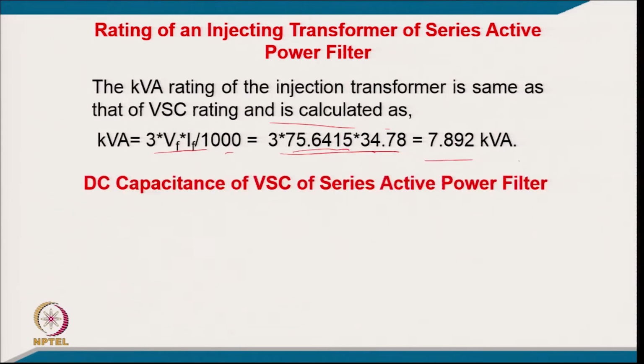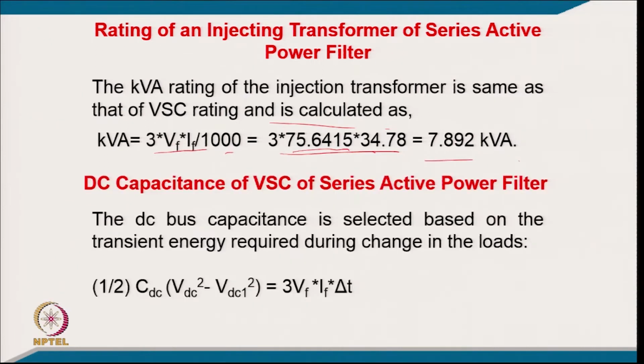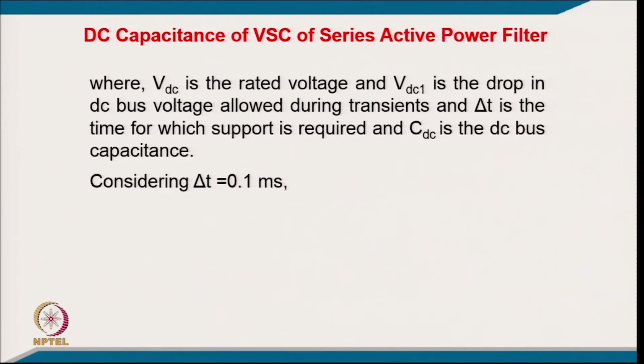Then the DC capacitance of the VSC of the series active power filter we calculate from the same energy balance formula. The DC bus capacitance is selected based on the transient energy required during the change in the load, that is half CDC times VDC square minus VDC1 square equal to 3 VF IF delta T, where VDC is the rated voltage, VDC1 is the drop in the DC voltage allowed during the transient, delta T is the time for which the support is required, and CDC is the capacitance.